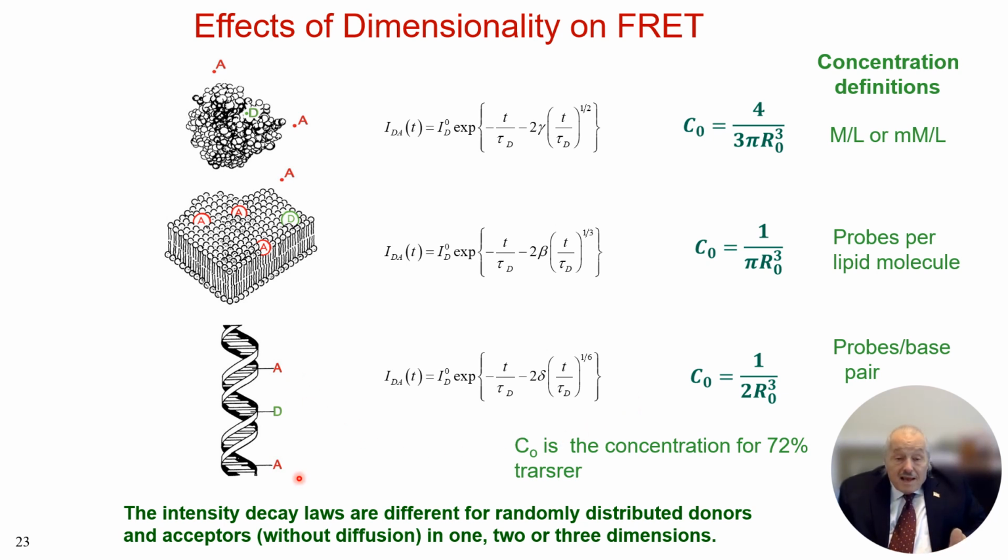And then what if we have donors and acceptors aligned along DNA? Well, now we're in a one-dimensional case. And again, it's another different decay law. And here we typically define the concentration as the number of probes per base or base pair in the DNA.